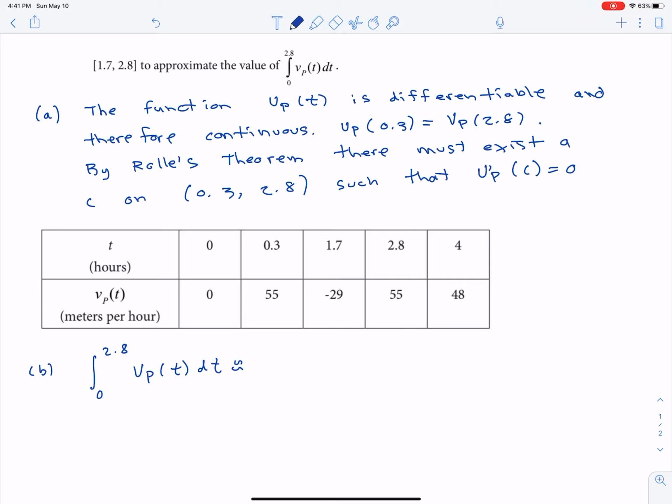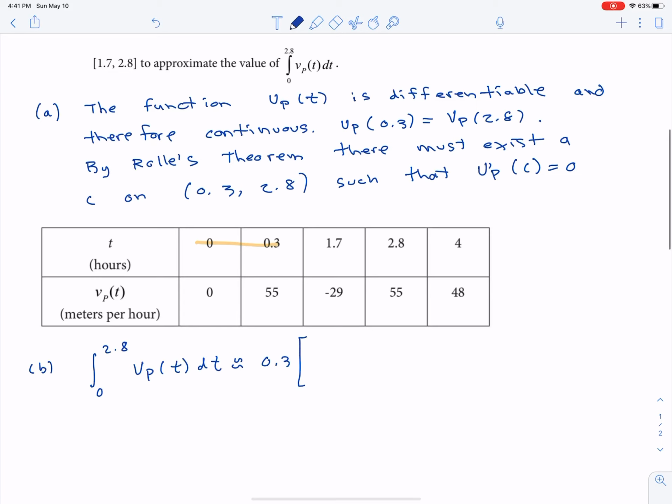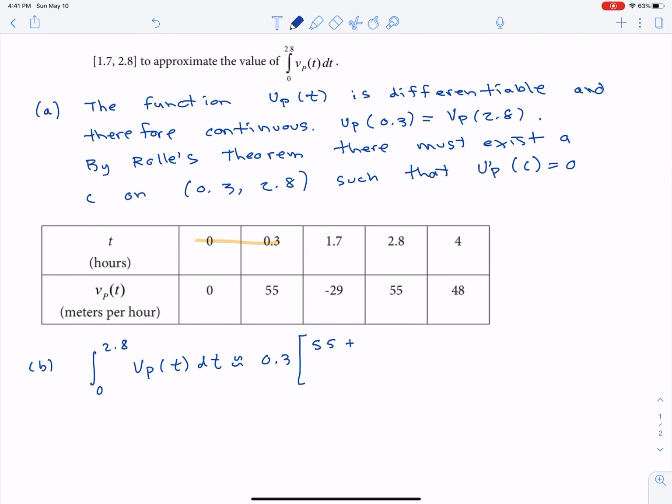So the first base goes from 0.3 to 0, so 0.3 minus 0 is 0.3. Then I'm going to multiply that by the heights. The first height is 55 plus 0 divided by 2, because we're taking the average of those heights.